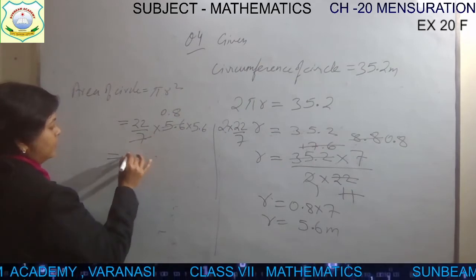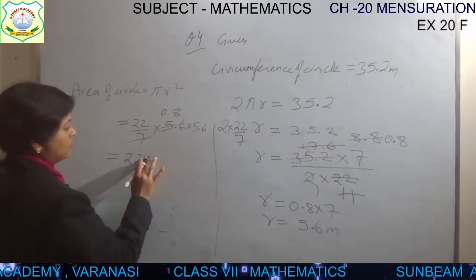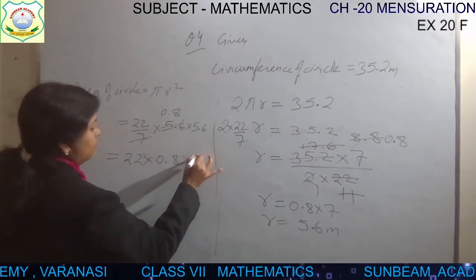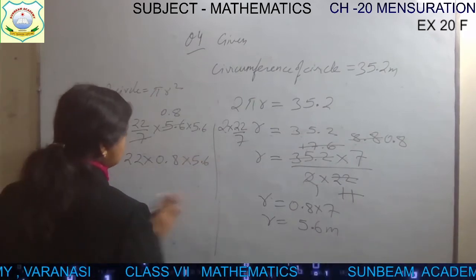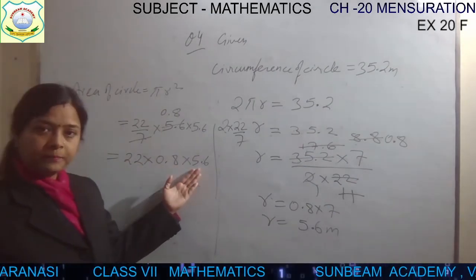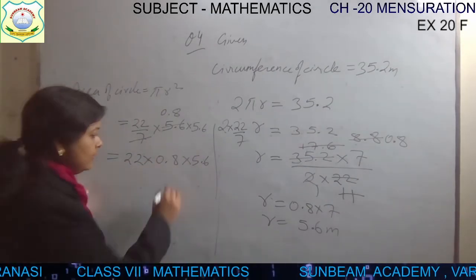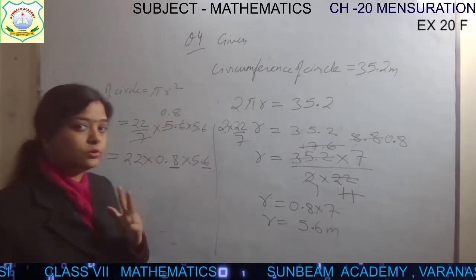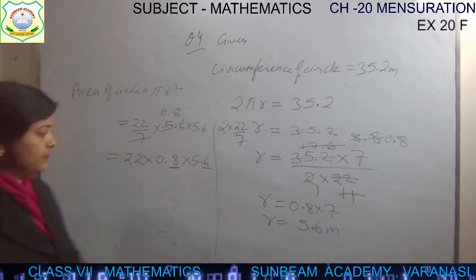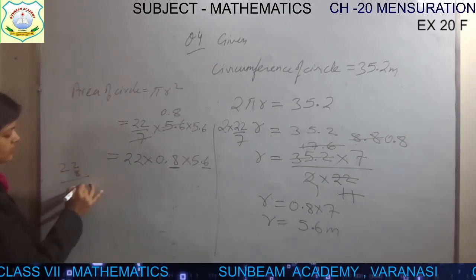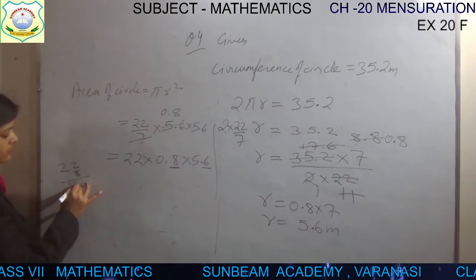So 22 into 0.8 into 5.6. This you have to multiply, children. What you will do: multiply all and then see 1 decimal place and 1 decimal place, so you have to put a total of 2 decimal places in the answer. So multiply all. 22 into 8: 8 twos are 16, 1 is left, 8 twos are 16, 176.